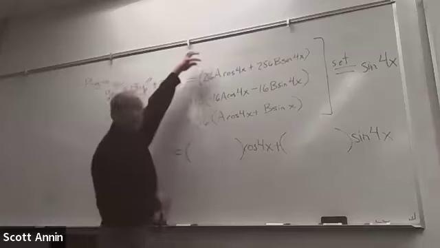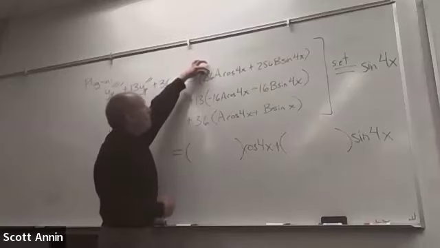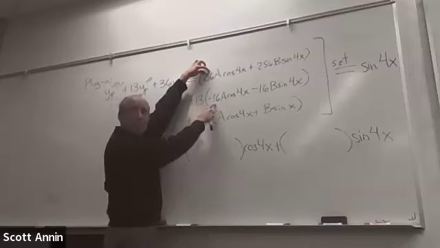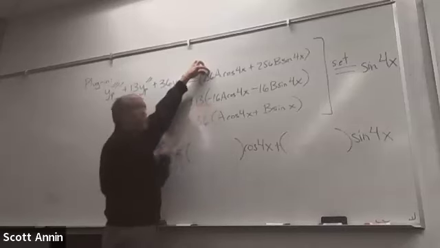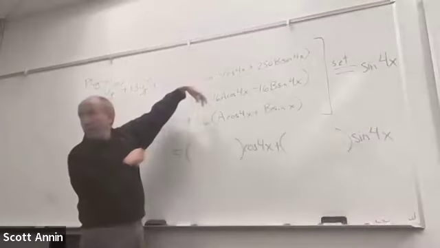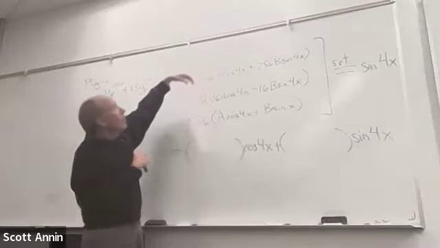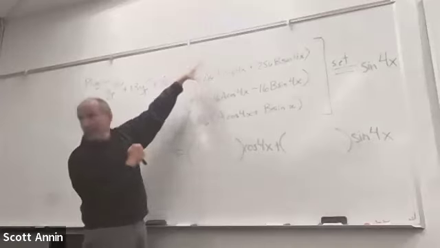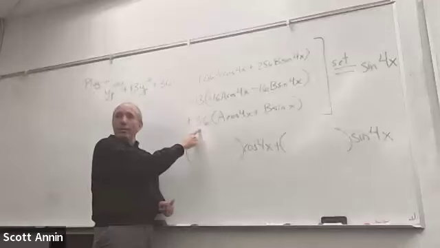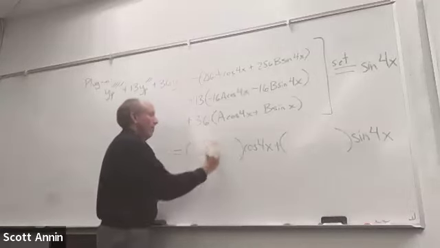I have 256. Does anybody have a calculator? 256 plus 36, and then minus 13 times 16. 13 times 16 is 208. So 256 minus 208. Oh God. 48. 48 plus another 36 is 84.